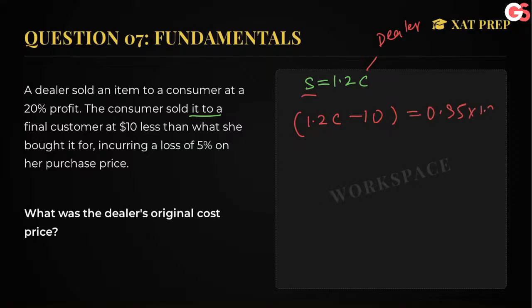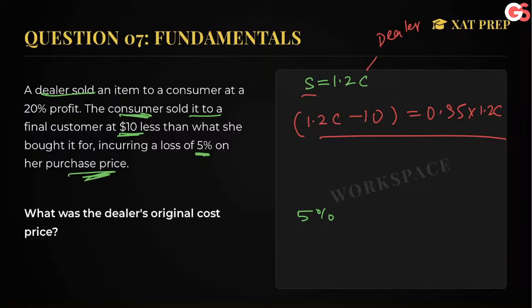Now, you know what? This is a kind of question which can be done mentally also. कैसे? देखो, समझना बात को, मैं क्या बोलूंगा। नाउ कम्स द टेक्निक। अभी मैंने सिंपली बताया 5% अगर उसके लिए, let's forget about dealer for a while, let's talk about consumer sold at $10 less and she incurred loss of 5% on her purchase price.